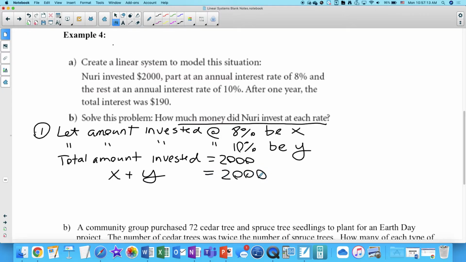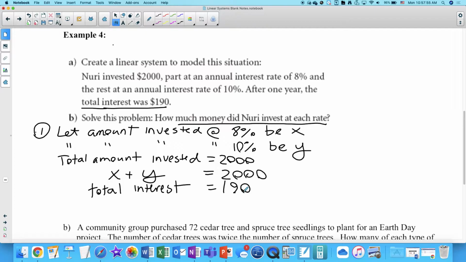Now, the total interest was 190. Yeah, so the 190 represents the total interest. Let's break that down a little bit. Now, if she invests X amount at 8%, let's say she invests $100 in the 8% investment. How much interest is she going to get from that?